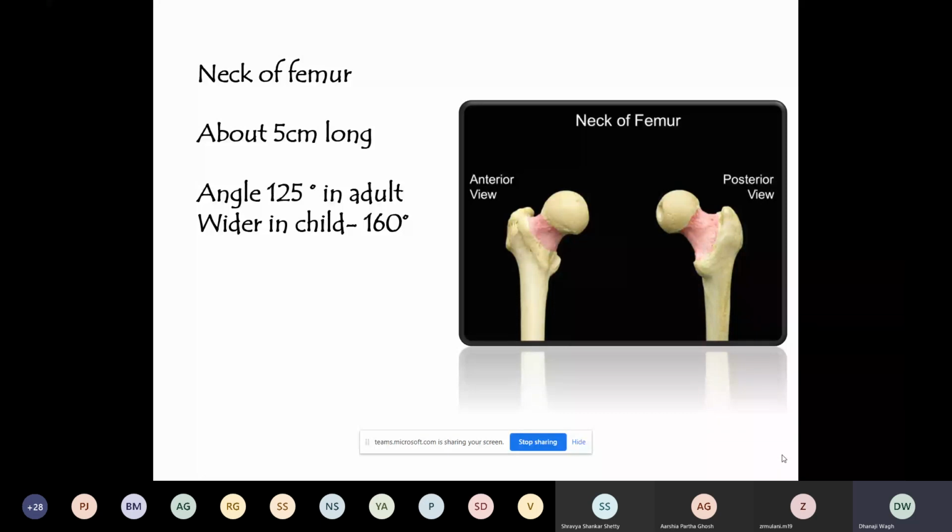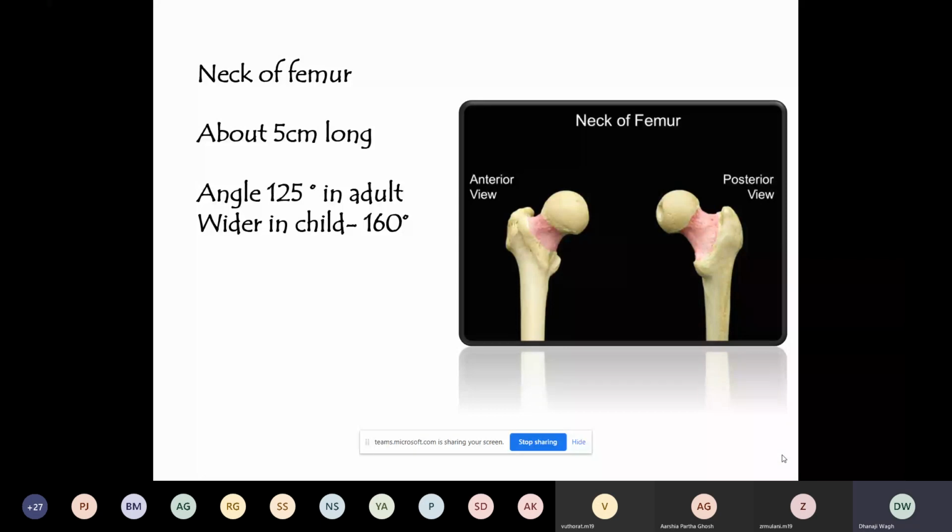Clear? The neck has an upper border and a lower border. The upper border is horizontal and the lower border is straight and oblique. Its anterior surface is flat, and anteriorly it meets the shaft at the intertrochanteric line. So from the greater trochanter to the lesser trochanter, anteriorly there is the intertrochanteric line. This intertrochanteric line is entirely intracapsular.